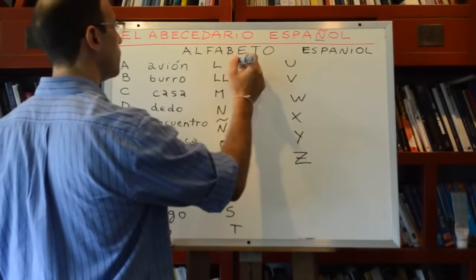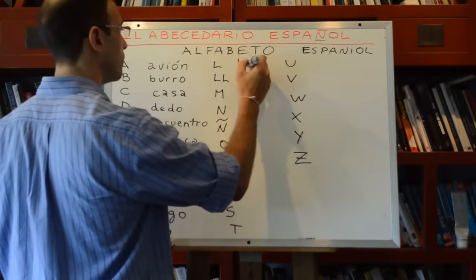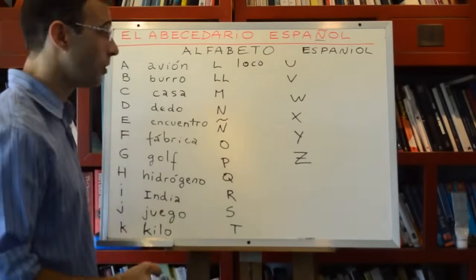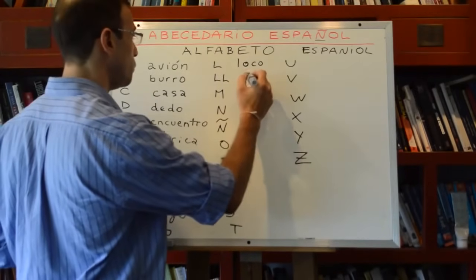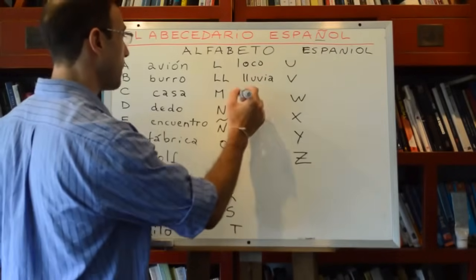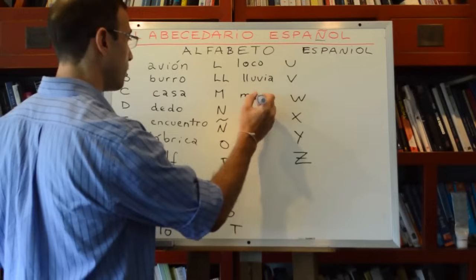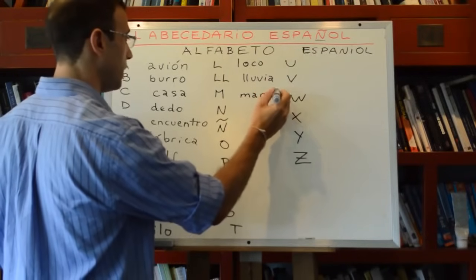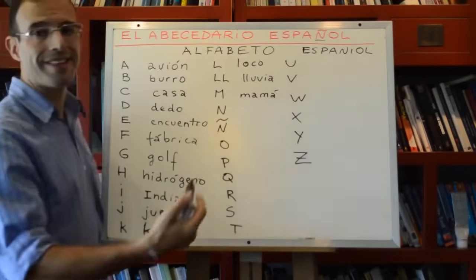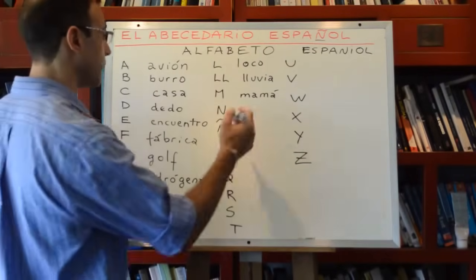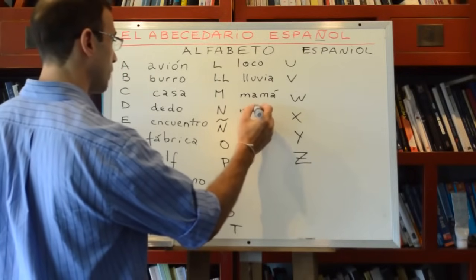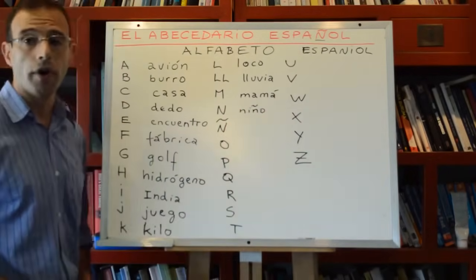With L would be loco. Loco means crazy. Lluvia, rain. Mamá, of course, for mom. Or madre, for mother. Niño, for boy.